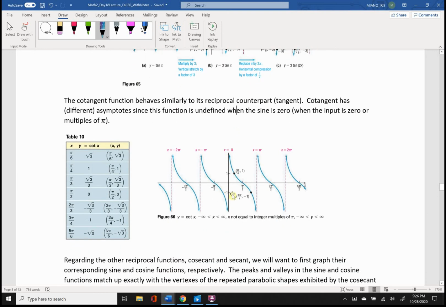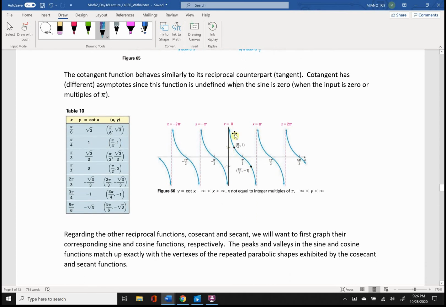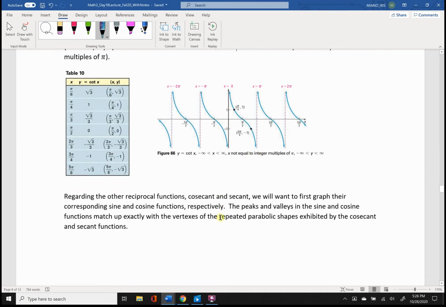The entire y-axis is an asymptote for the cotangent. So the asymptotes are in different positions, and the shape of the curve is opposite compared to the tangent function.